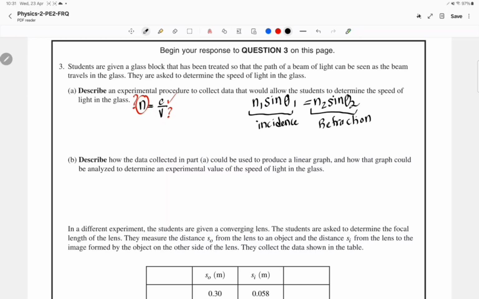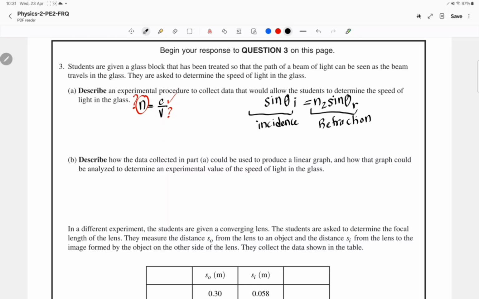And right now we're looking to find the n of the glass, which is the n of the refraction. And we know that the light is coming from the air, and the n1 of the air is just a 1. So that's gone. Let's call this sine of theta I and sine of theta refraction. We can now find the n2 by plotting them against each other.